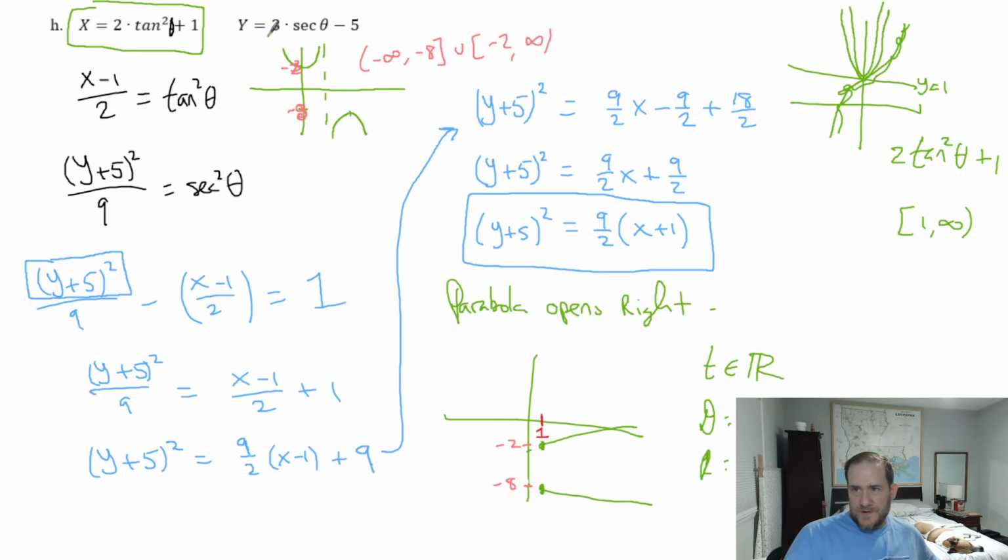So if I gave you these parametric equations and said find the domain and range, I don't need to restrict t. The x and y values get restricted by the function that they're defined by. Tan squared times 2 plus 1 just doesn't have all real numbers as an output.